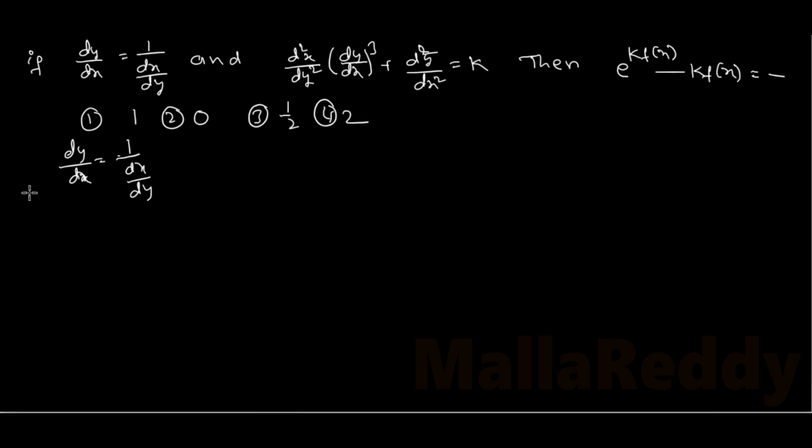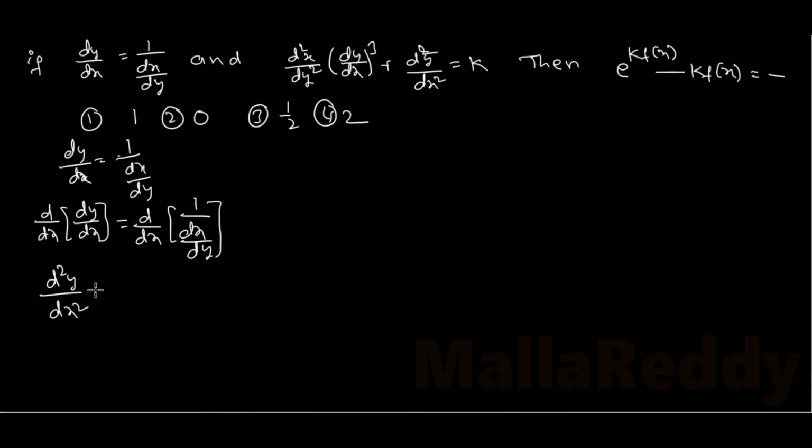Take differentiation on both sides with respect to x, that is d by dx of dy by dx is equal to d by dx of 1 by (dx by dy). So d by dx of dy by dx, that is d square y by dx square, is equal to d by dx of 1 by x, that is minus 1 by x square, that is minus 1 by (dx by dy) whole square into d by dx of (dx by dy).